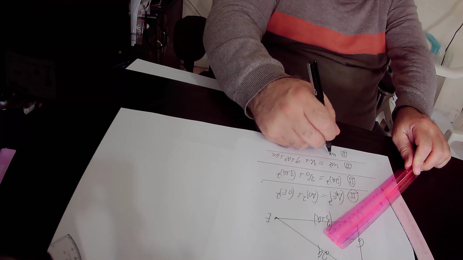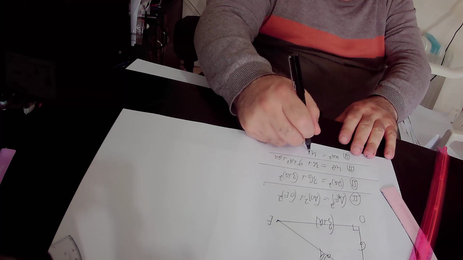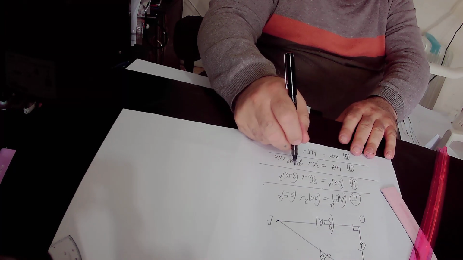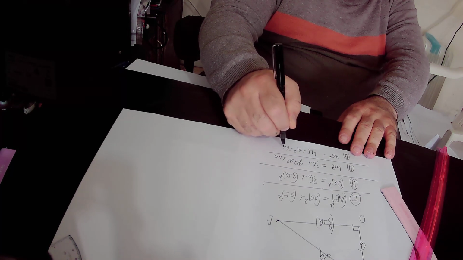So 4a squared equals 36 plus 9 is 45, plus a squared plus 6a.